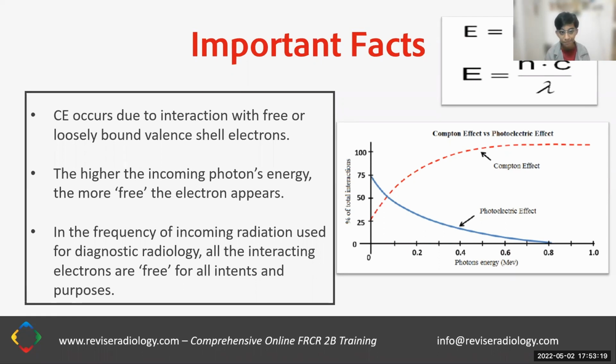So what does this mean? We're talking about millions and billions of photons and electrons here, so a large number of scattering events. If the photon energy is higher, there'll be more of these interactions happening, and if the photon energy is lower, there'll be fewer.